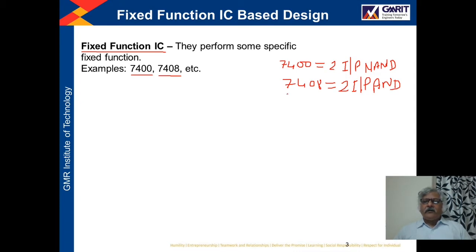You cannot tailor that. You cannot change the function of these ICs. So these types of ICs are called fixed function ICs. Now, the system designer has one option to develop his system based on fixed function ICs, right?